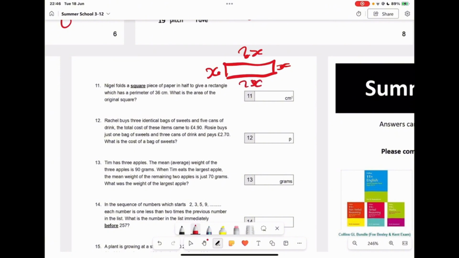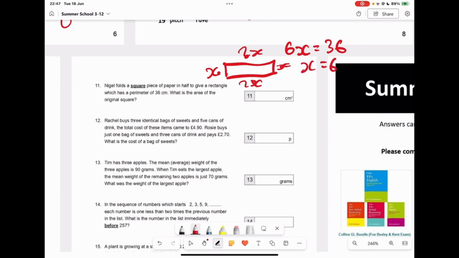So how we're going to find the area of the original square is by finding the initial lengths. So we know that 2x plus 2x plus x plus x is like doing 6x because you're adding them all together. And that must equal 36. So then x is equal to 6.